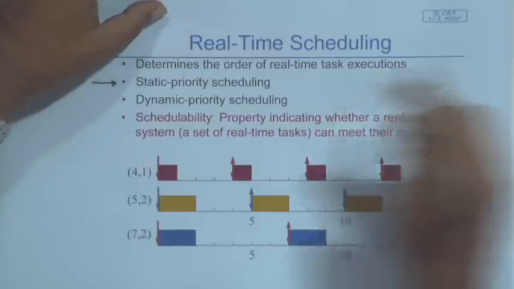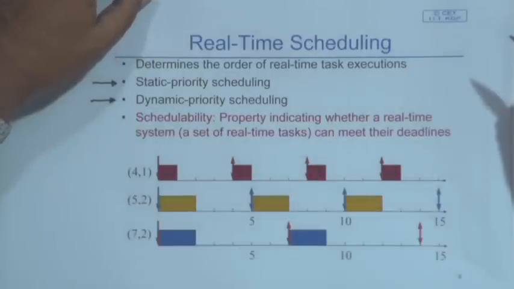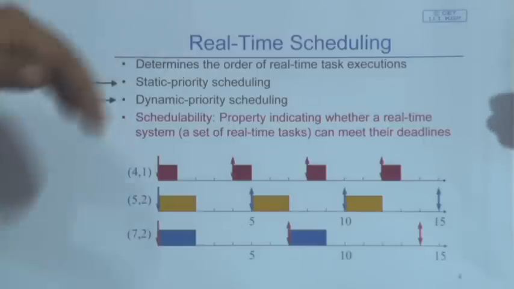How the priority will be associated will vary from scheduling algorithm to scheduling algorithm. The other is dynamic priority scheduling, where the priority gets changed. Okay. So, we will study both these types of scheduling.